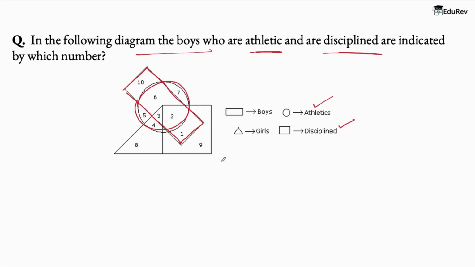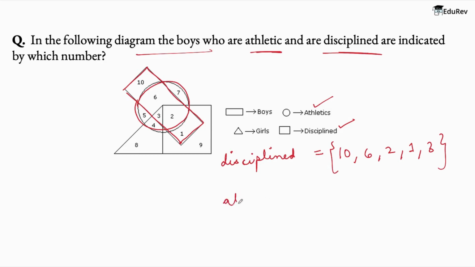Now when I talk about the disciplined one, that is the rectangular one, let's write down all the numbers which are within this. That is your 10, your 6, 2 and 1, 2, 1 and 3. So we have 10, we have 6, we have 3, 2 and 1.